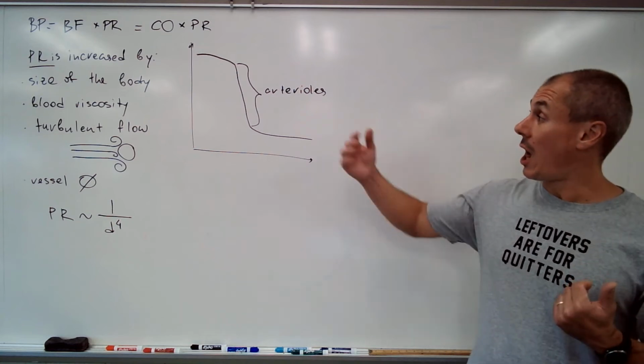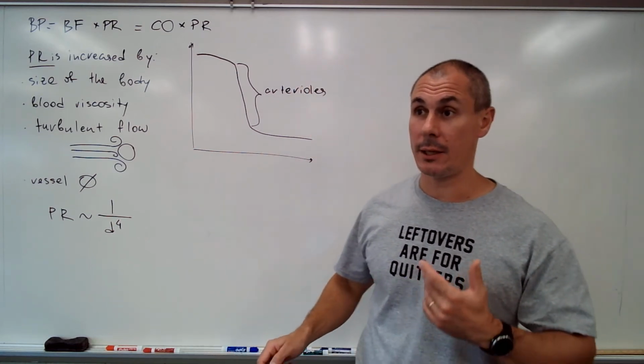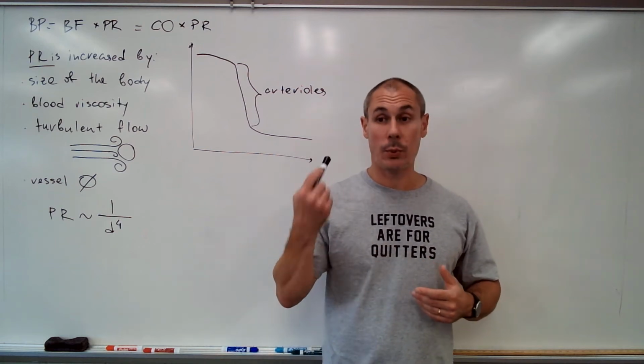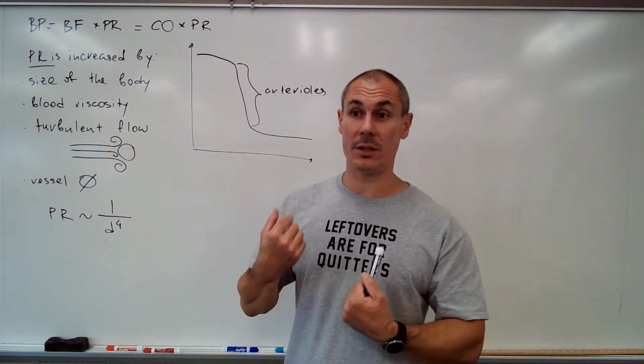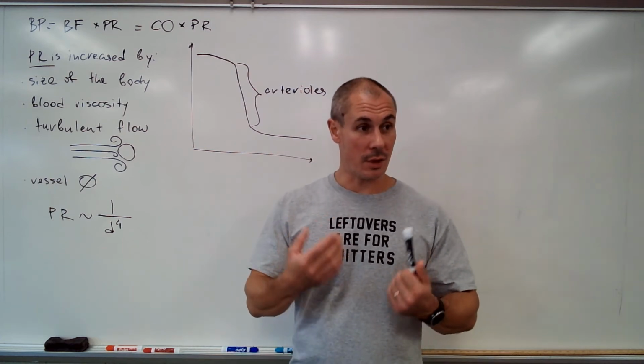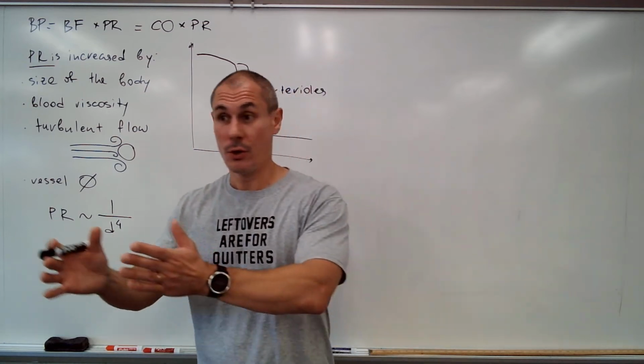What you have to understand about blood pressure is that it is generated by the heart, and this is the force that drives the flow. This is why blood is moving.